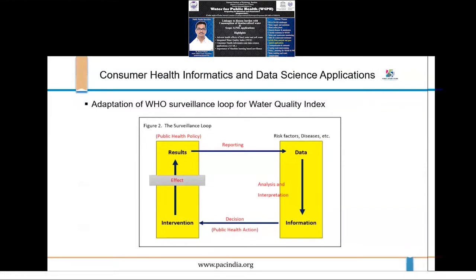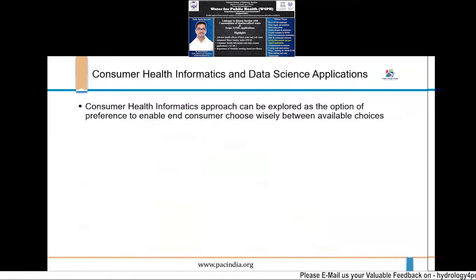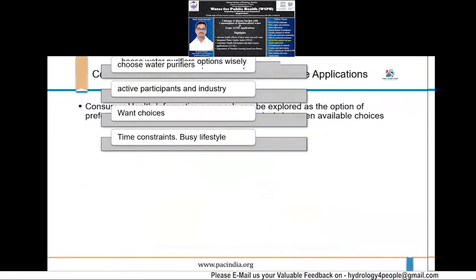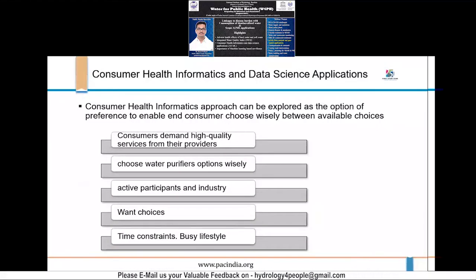These results should be documented and publicized, because the importance of consumer health information is that it depends upon the consumers. Consumers demand high quality services, whether it's healthcare, water purifiers, or municipal corporations or private or public providers. They should be able to make their choices wisely.